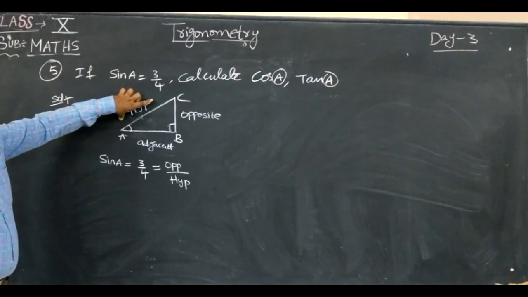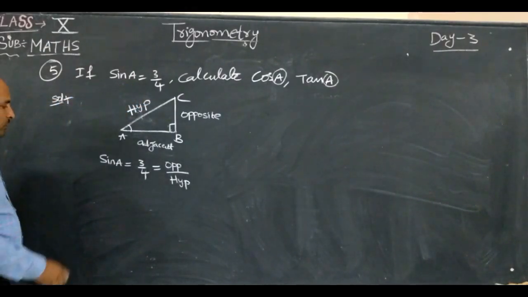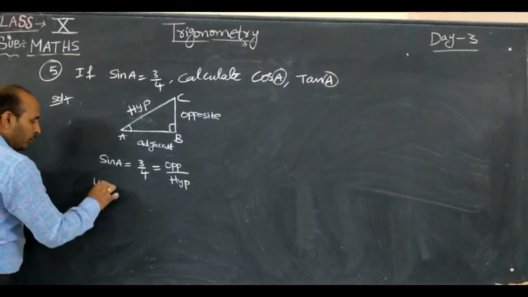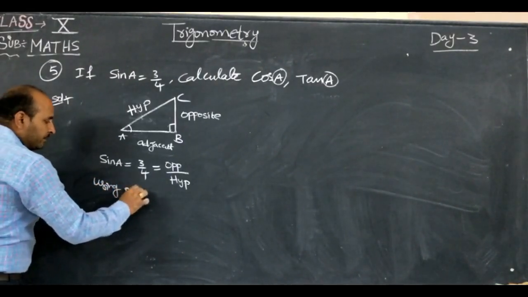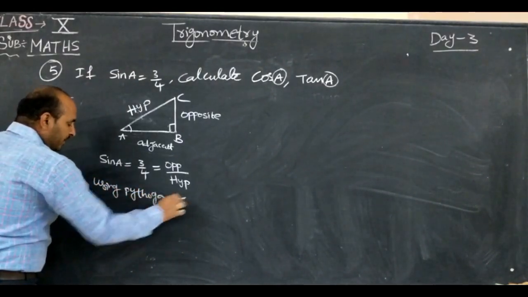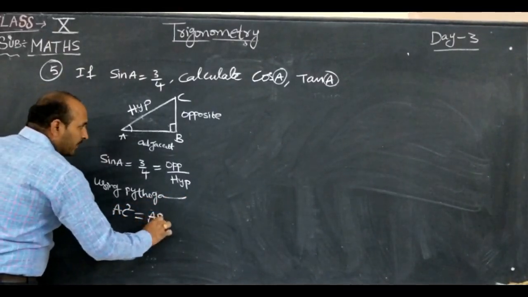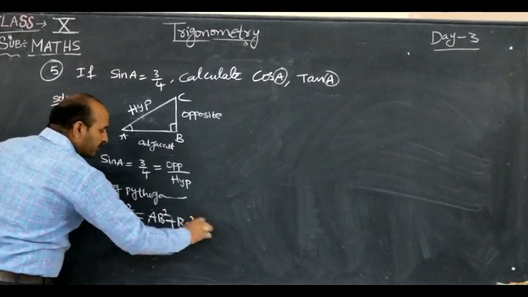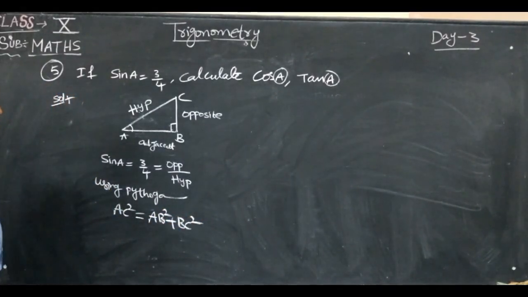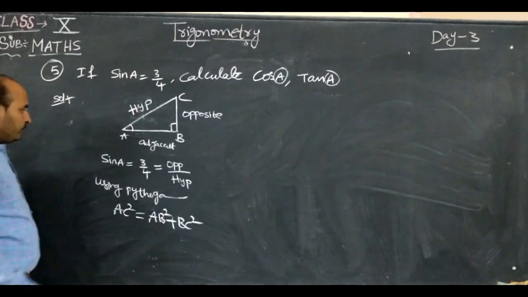Before that, we have to find out AC, so using the Pythagoras theorem: AC square is equal to AB square plus BC square.